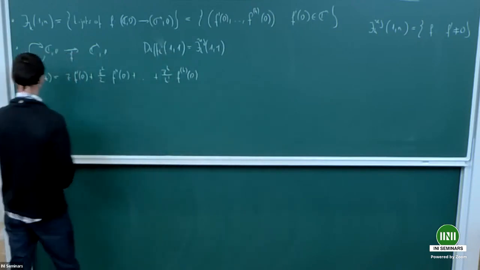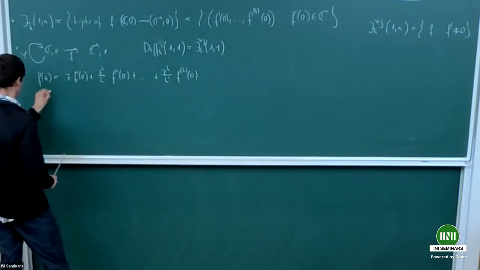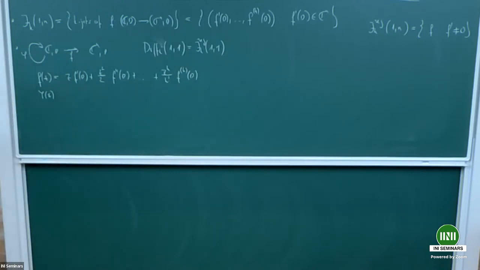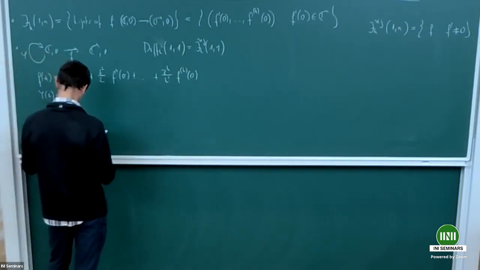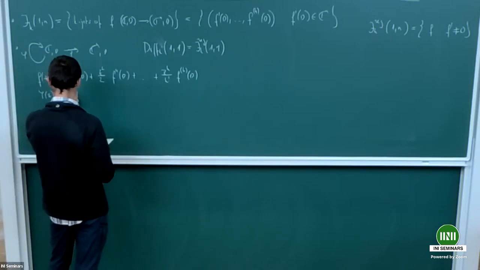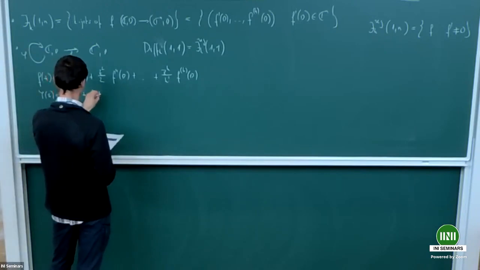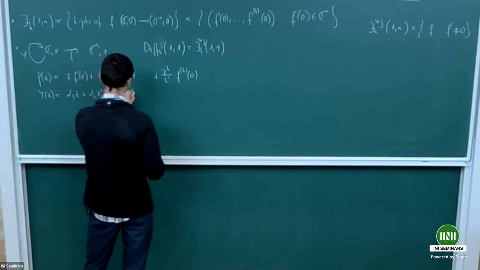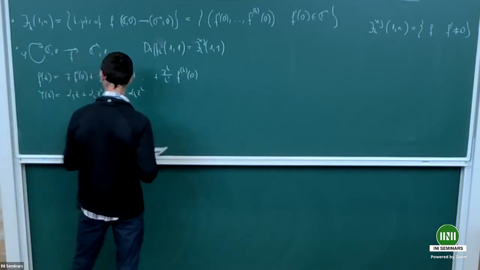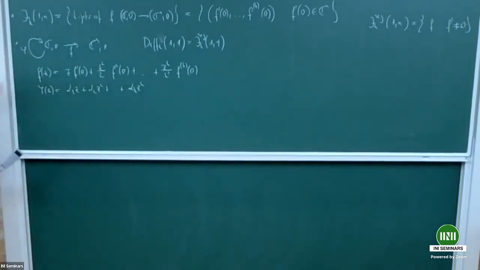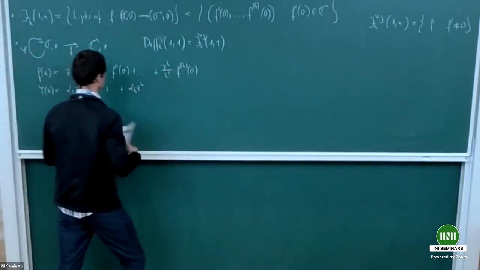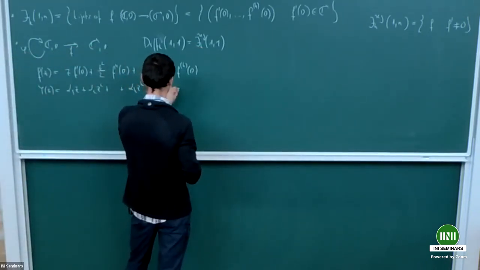So this is your f, and your reparameterization is given by a polynomial in one variable. It's just alpha_1 z plus alpha_2 z squared plus up to alpha_k z to the k. It's just the element here. So this means that alpha_1 is non-zero.